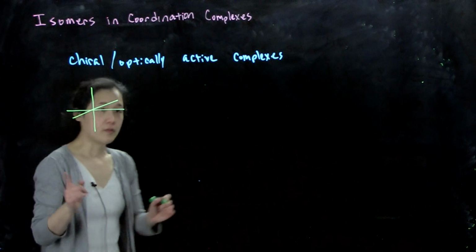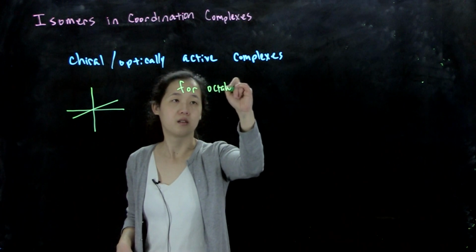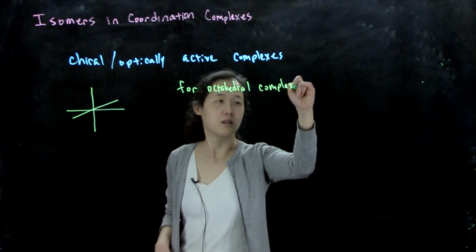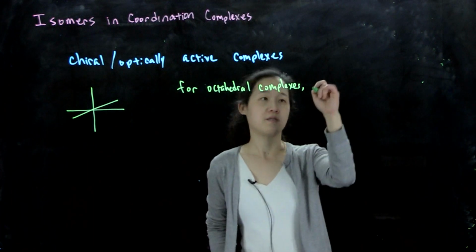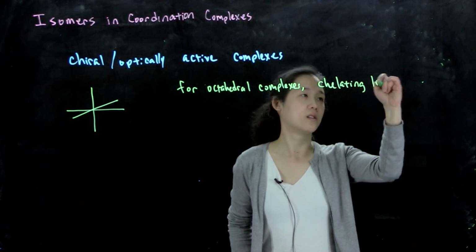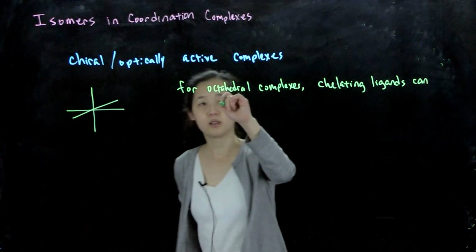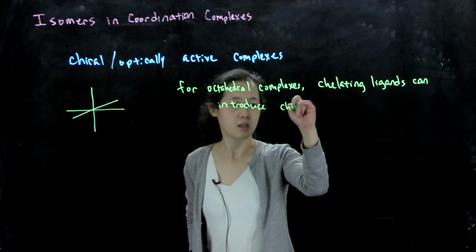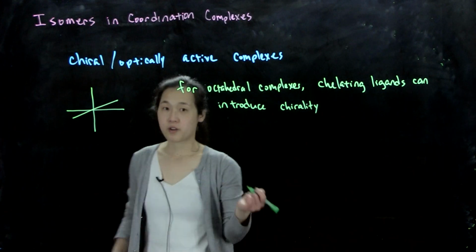So for octahedral complexes, chelating ligands are a really useful way to introduce optical activity. But of course, it depends on where you put your chelating ligands.